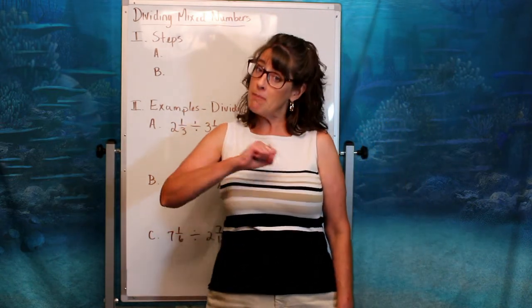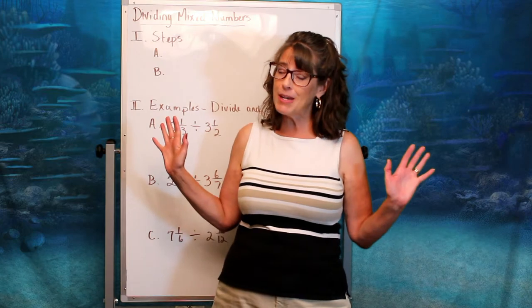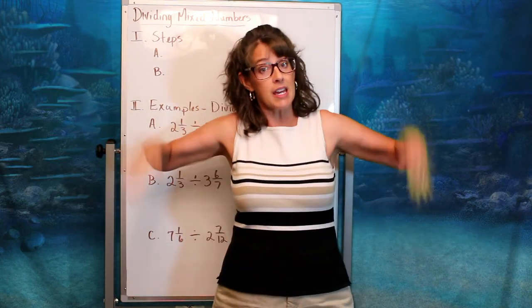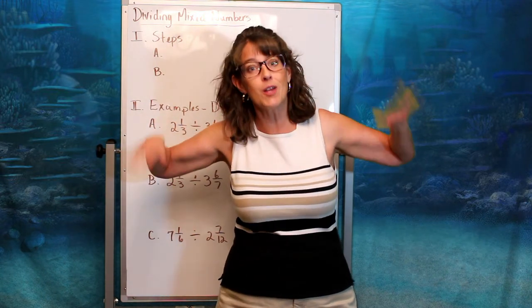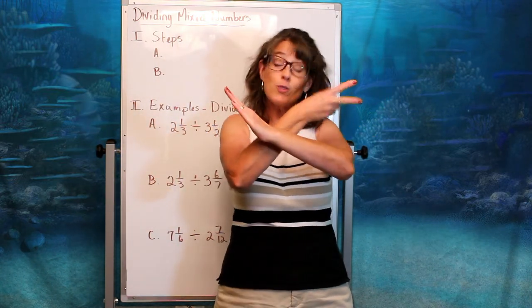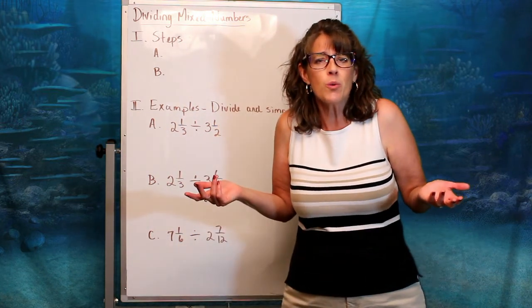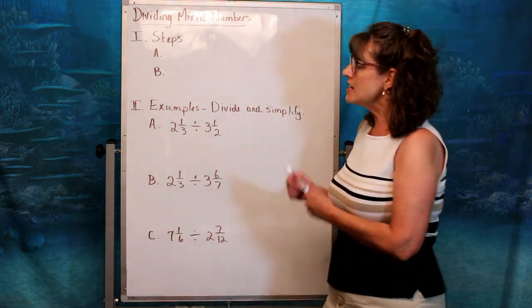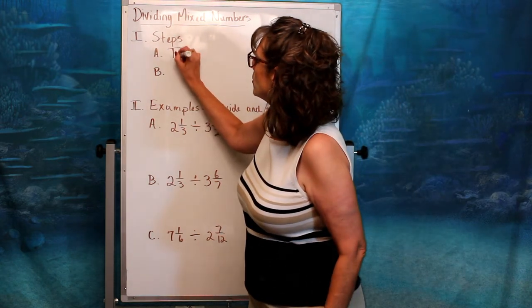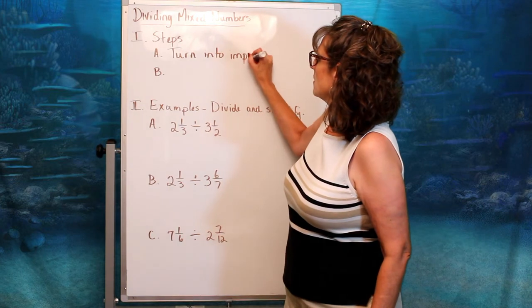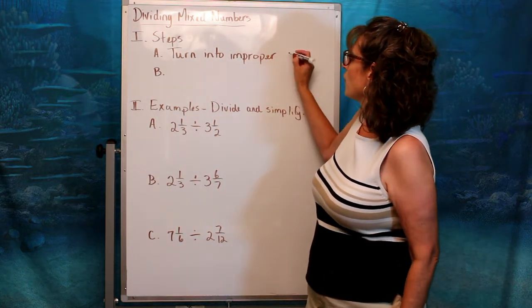If you are in my math gang, because it's a fun gang to be in, when we multiply fractions, we're going to cancel the diagonals. We're going to cancel up and down, and then we're going to shoot straight across. We're going to multiply across the numerator and the denominator. So see, it's really just one rule. Let's take that first step and turn into improper fractions, because I've got rules for fractions.